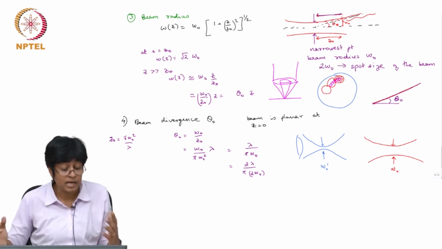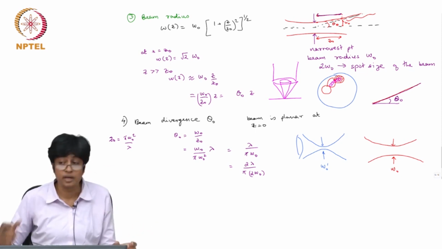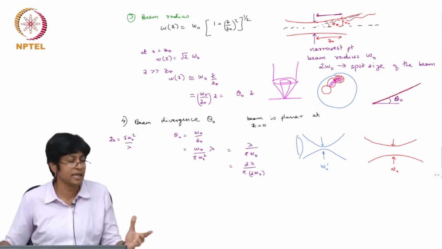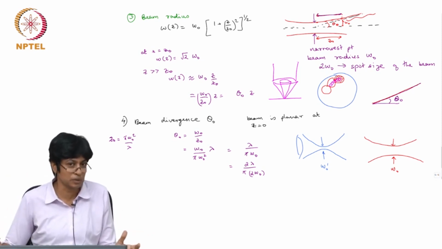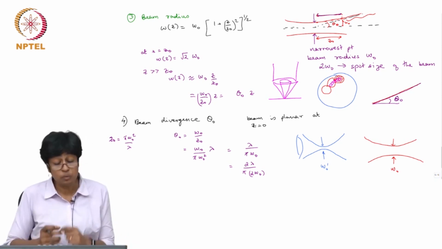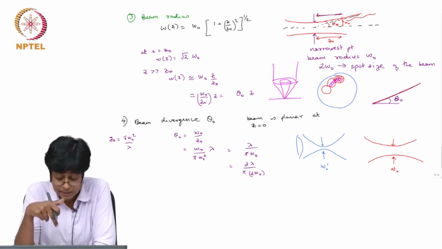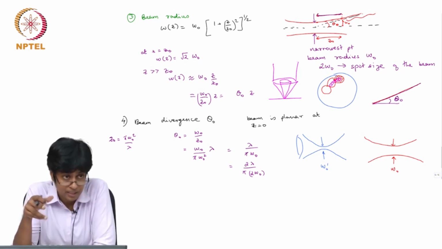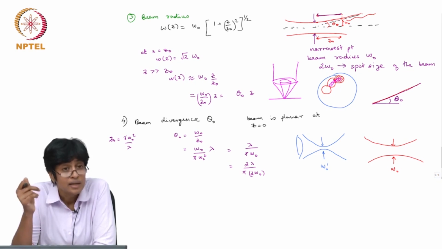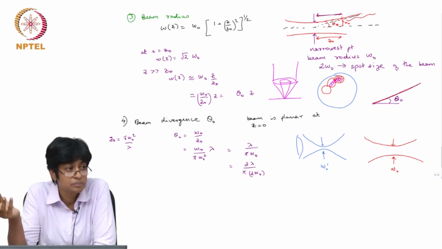And I can't say I want this theta naught and I want this omega naught and I'll get both of them. It's not possible. So if I wanted a highly directional beam, it actually means I have a relatively small theta naught. How do I achieve that? What kind of beam should I have? What should my omega naught be?